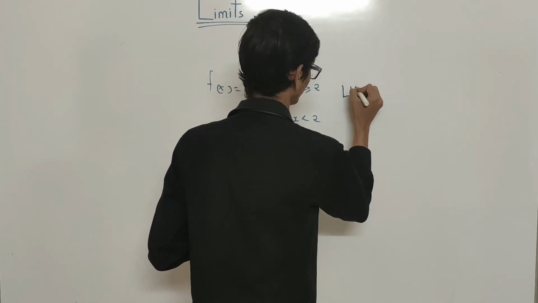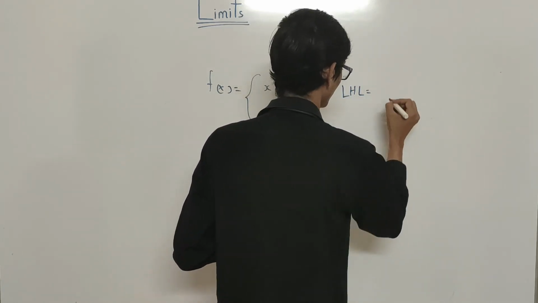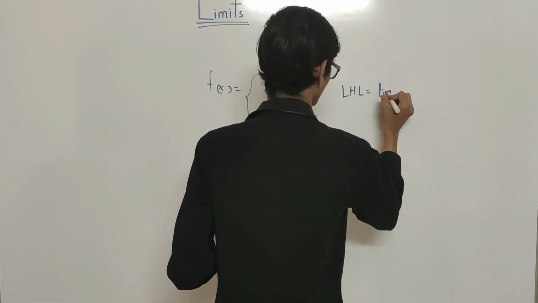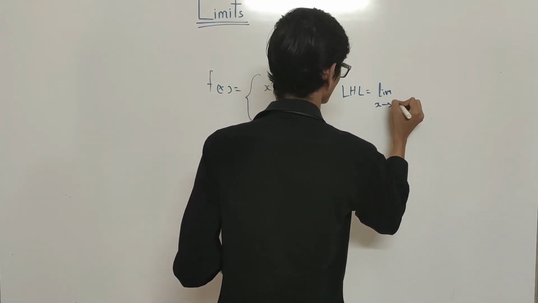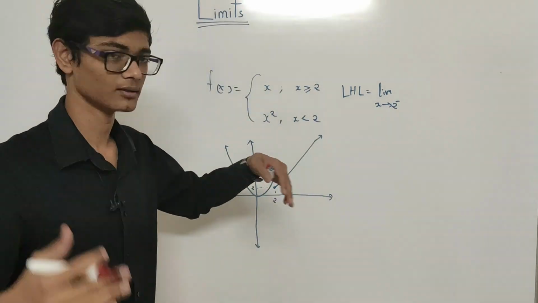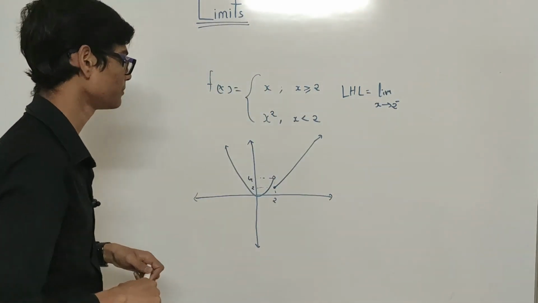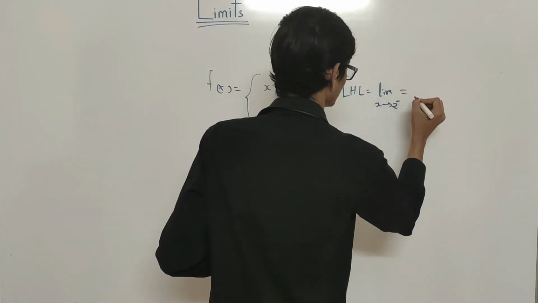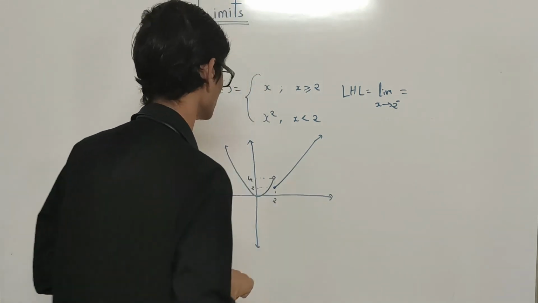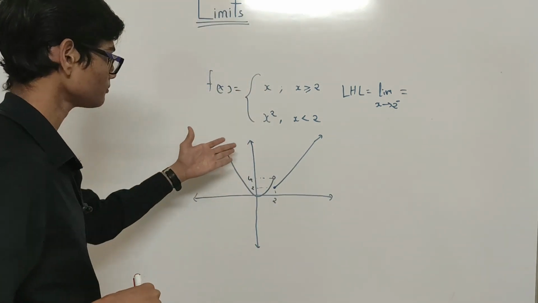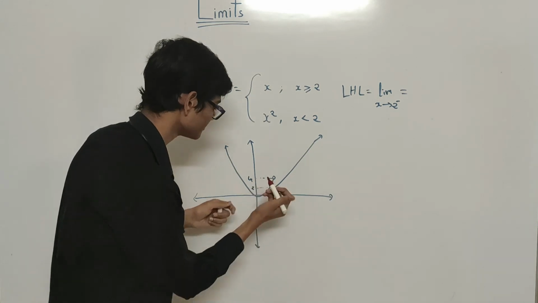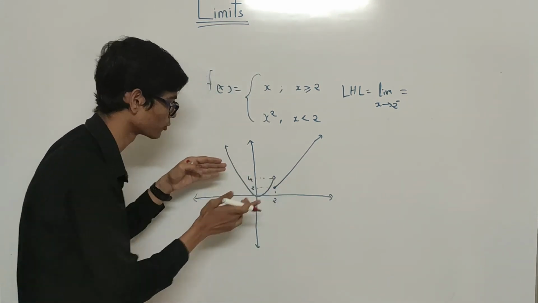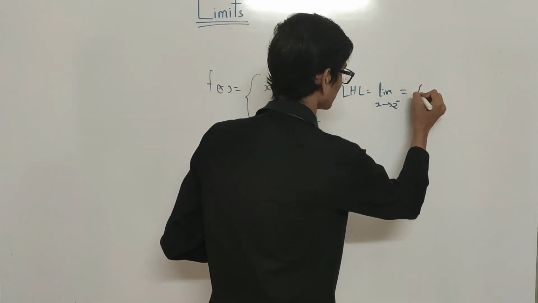So let's try to find the left hand limit, limit x tends to 2 minus. We write this minus in superscript as we are coming from the negative side. For 2 minus we can clearly see whenever we go closer and closer to 2, the function approaches a value 4, which is 4.